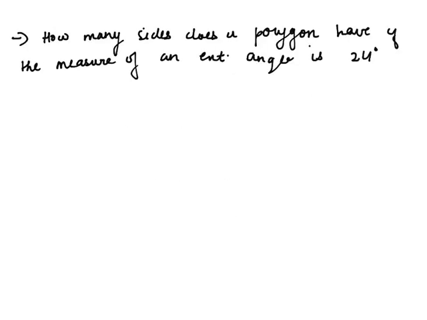Now, the next question we have: how many sides does a polygon have if the measure of each exterior angle is 24 degrees? It means the measure of one exterior angle is 24 degrees. So we know the sum of all exterior angles is always equal to 360 degrees, right?